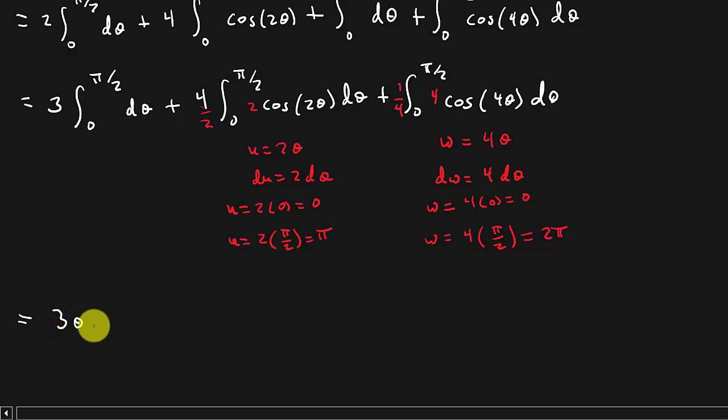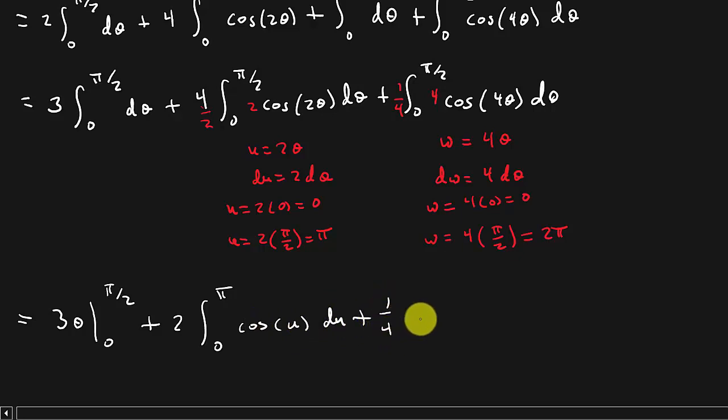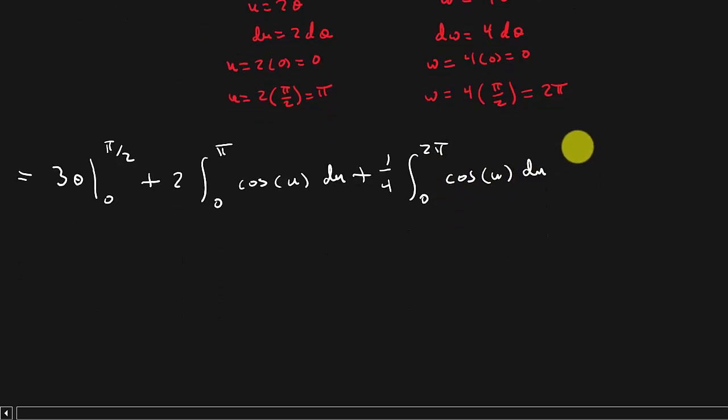All right, so I'm going to go ahead and integrate that. That's going to be 3 theta from 0 to pi over 2 plus 2 times the integral from 0 to pi of cosine u du plus 1/4 from 0 to 2 pi of, not sine, cosine u du.